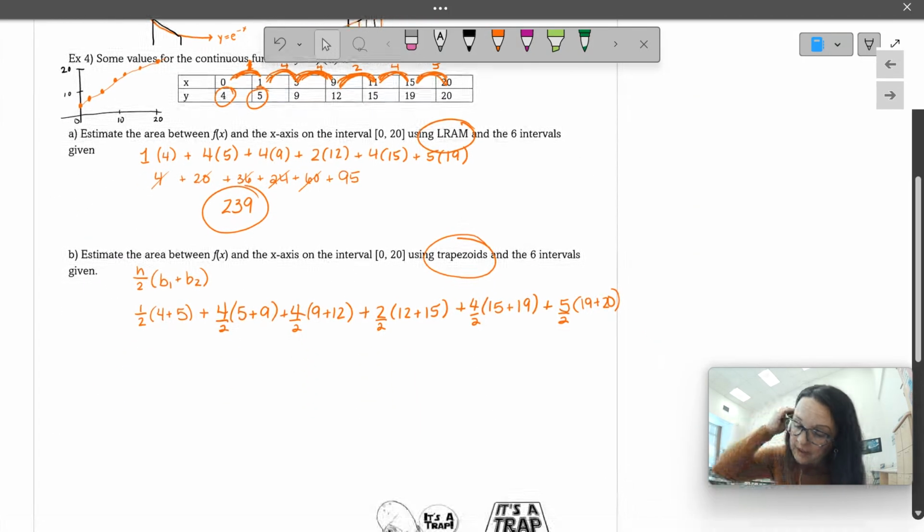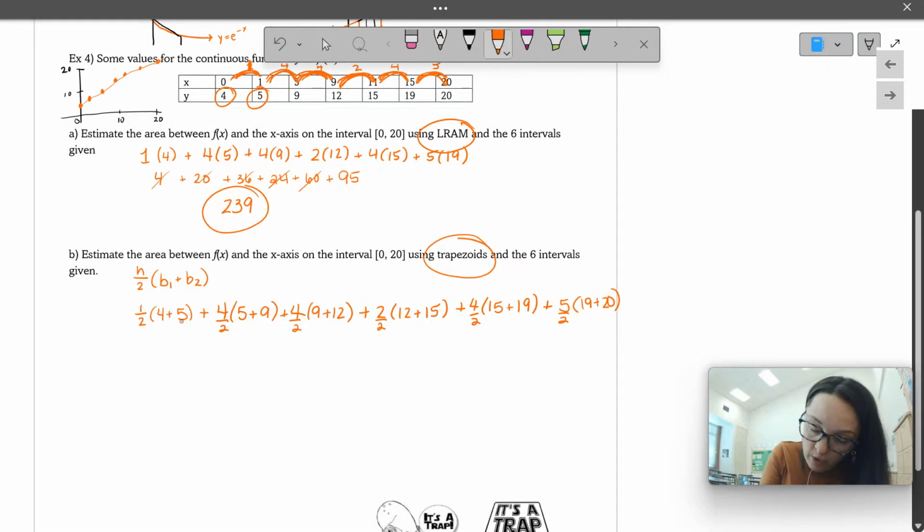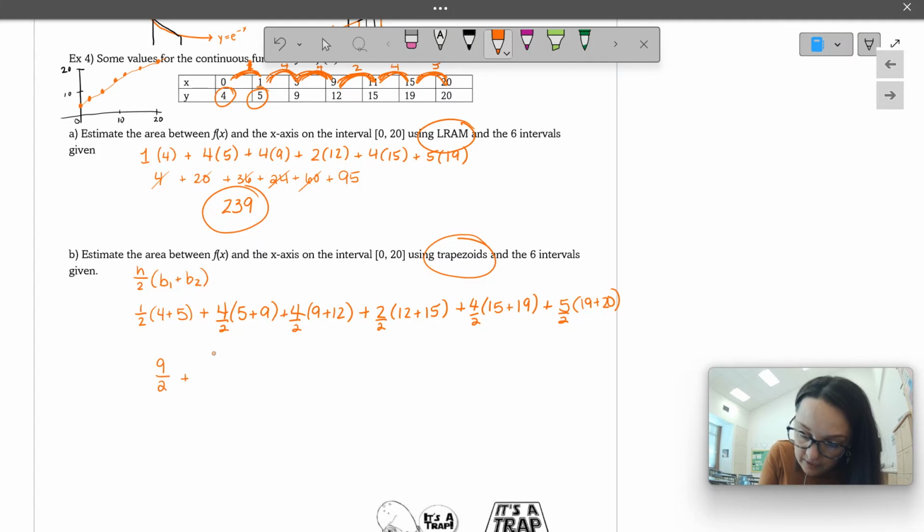Okay, so let's see. What am I going to do here? Well, let's see. 4 plus 5 divided by 2, that's 9 halves. 5 plus 9 is 14. 14 times 2 is 28. 21 times 2 is 42. 2 divided by 2 is 1.